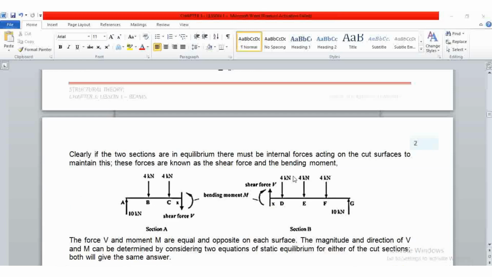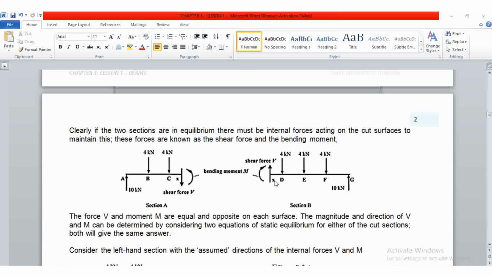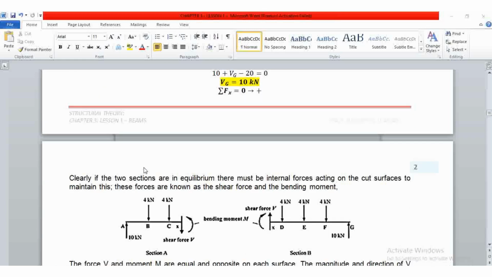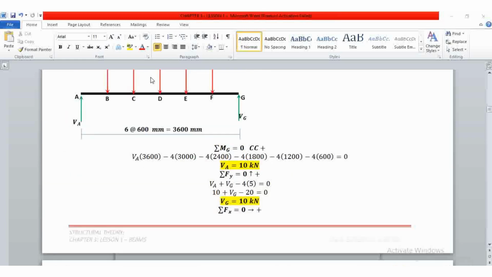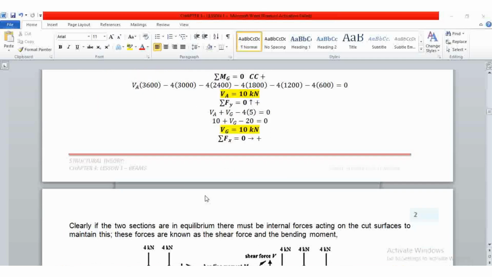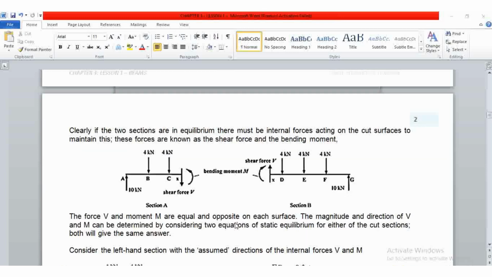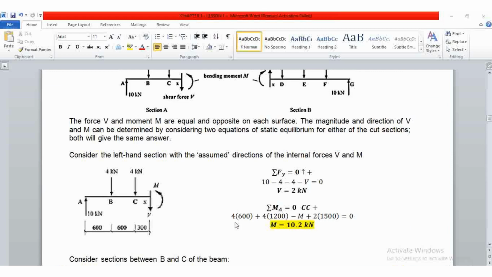Now, dito sa page 2 to page 3 ng notes ninyo, dini-discuss yung, kumbaga, long method on how to determine the shear forces and the bending moments for a certain beam. For example, sa figure na to, if I'm going to take the shear at point C, kakatin ko ngayon dito sa between point C to D. So, kapag kinat ko siya doon, may bending moment between C to D. From that, magkakaroon tayo ng mga equations.